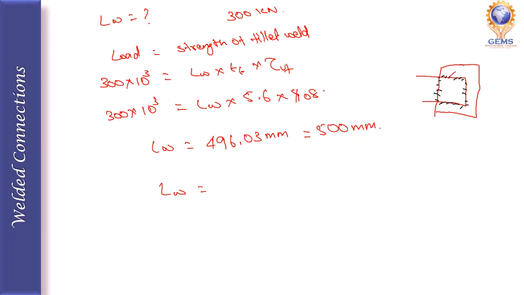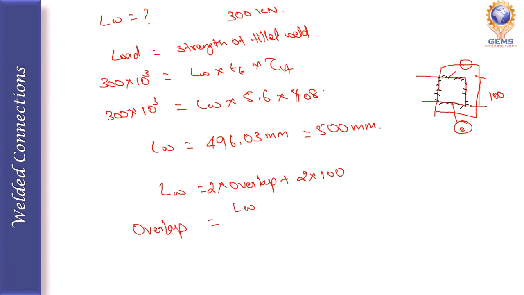Here it is 1, here it is 2, so 2 times the overlap, plus 2 into this dimension, which is 100. So 2 into 100.